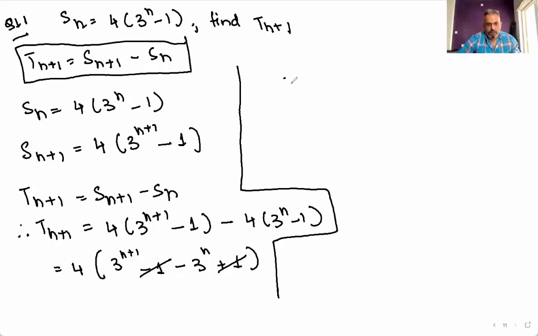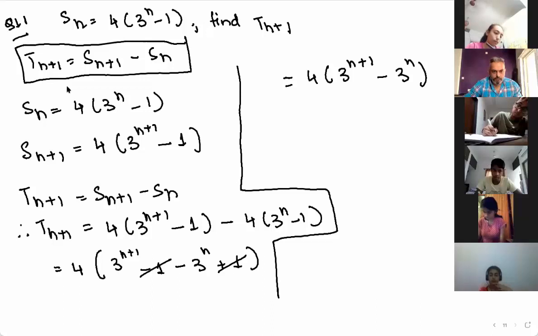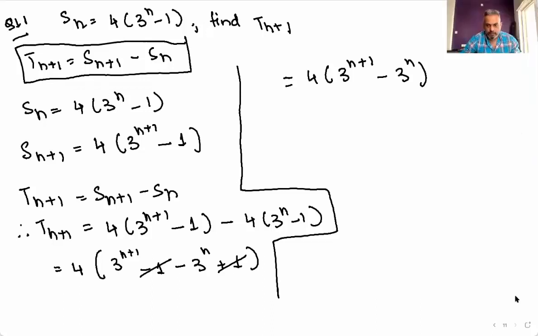So which is equal to 4 into 3 raised to n plus 1 minus 3 raised to n. Now, pay attention how to solve this please. Everyone pay attention. Here I'll do it.